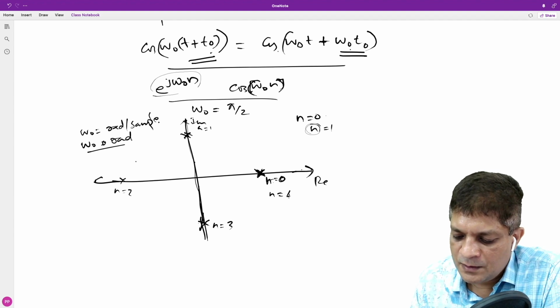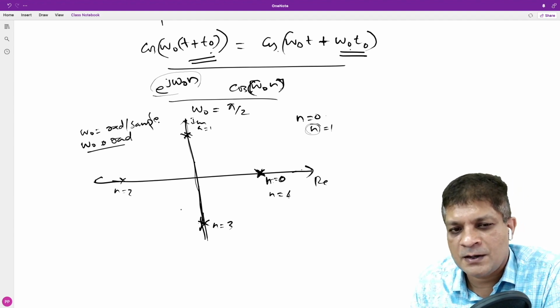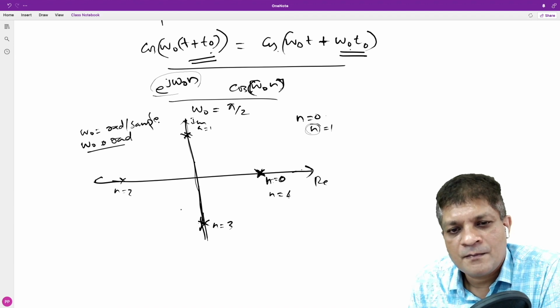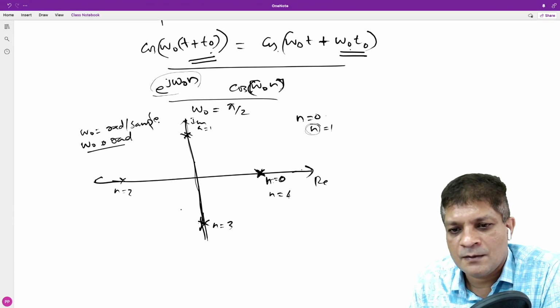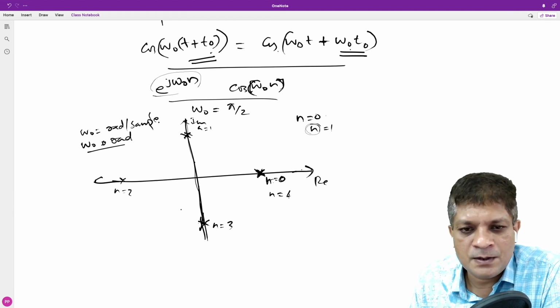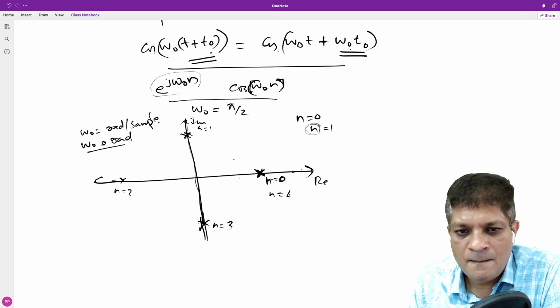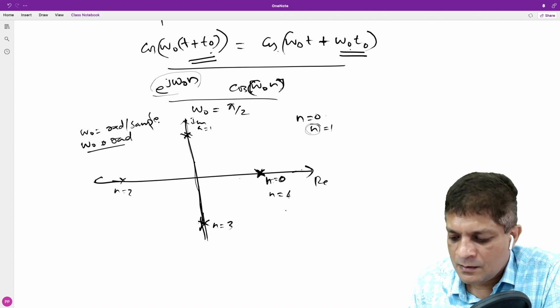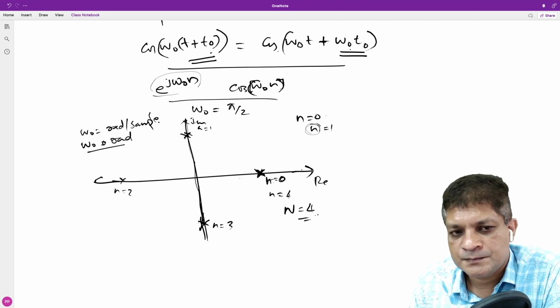This is for 1, 2, 3, 4. Is that pattern repeating? Yes. So it is a periodic signal. What is the fundamental period of this particular signal? 4. It is a periodic signal with period 4.